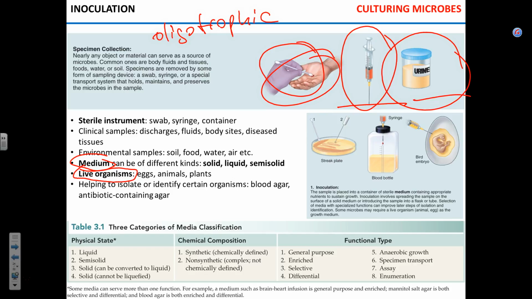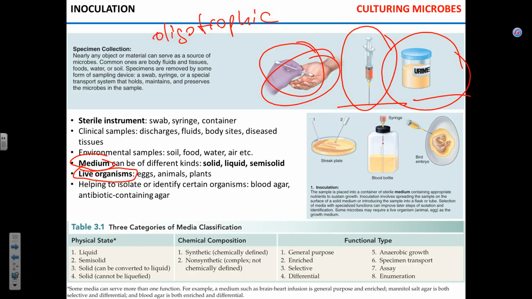People spend years trying to find the medium in the lab, a medium that you can conveniently prepare to grow a certain microbe. And in the meantime, this microbe can cause diseases, can be identified using other methods, but you just can't grow it in the lab. Does that make sense?